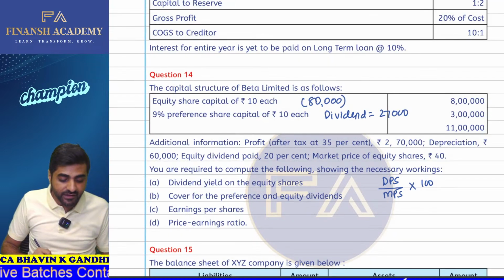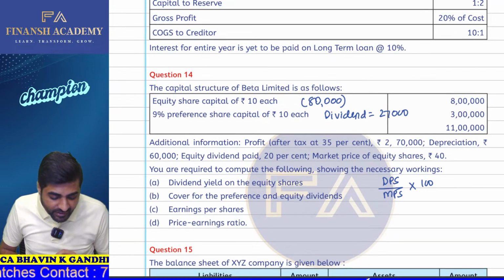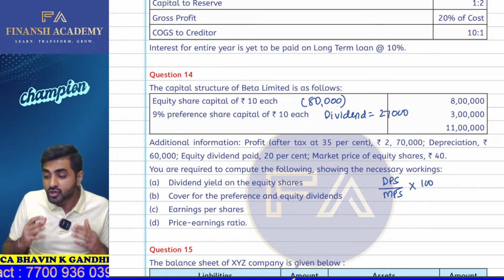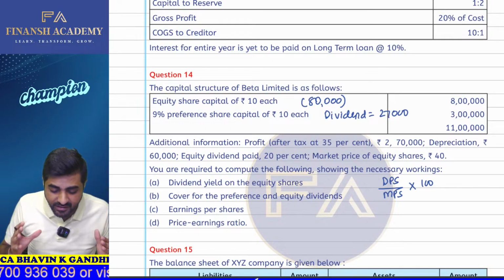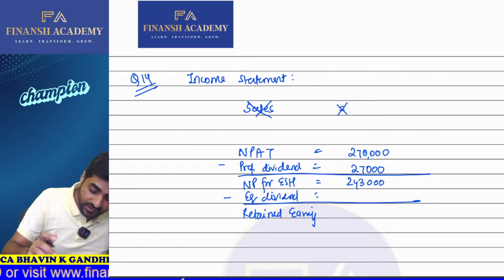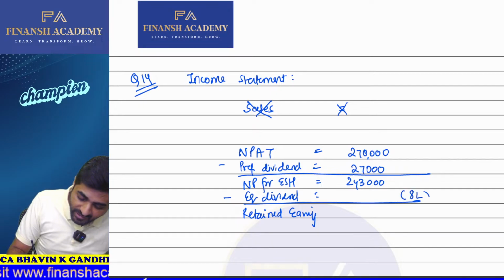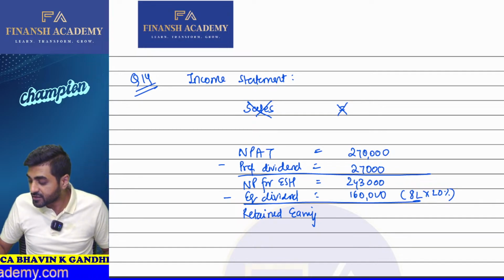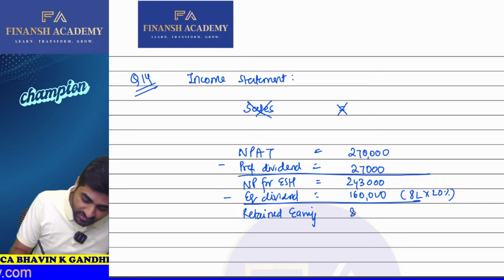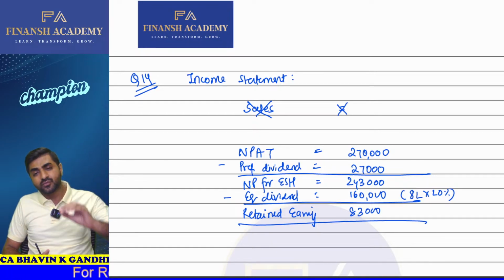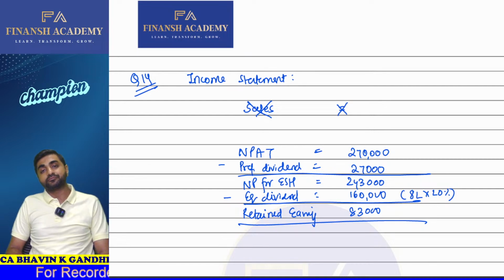And what is my equity dividend? Equity dividend is 20% always of the face value. The total face value is 8 lakhs, so 8 lakhs multiplied by 20% will be 1,60,000. So 2,43,000 minus 1,60,000 will be 83,000. I hope you are all convinced with this income statement format.